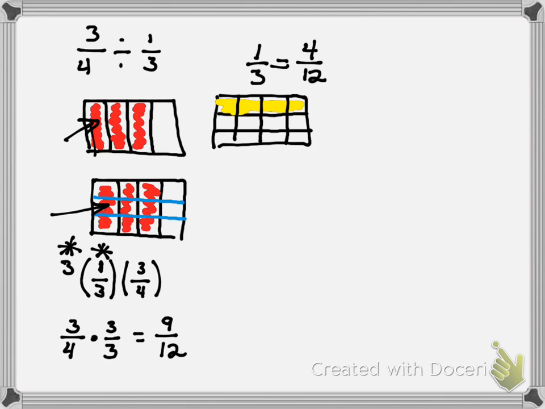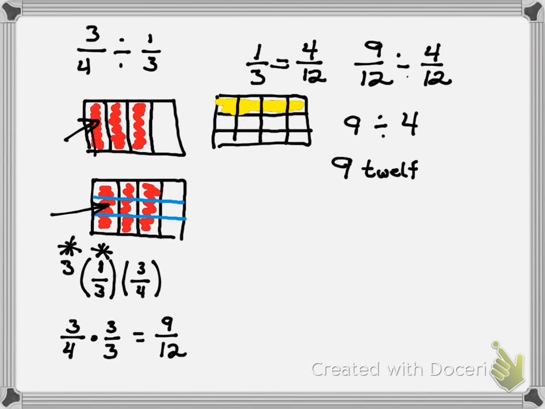So my problem now becomes 9/12ths divided by 4/12ths. Since my units are the same, I'm really asking myself 9 divided by 4, which is the same problem as 9/12ths divided by 4/12ths. So now I go into my action here.